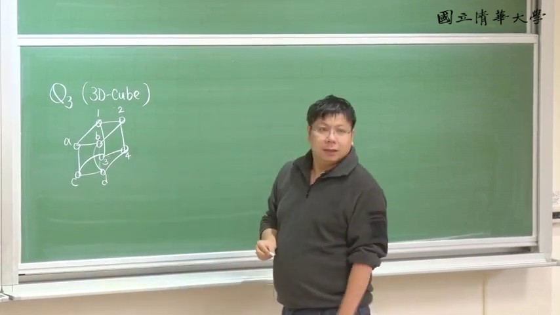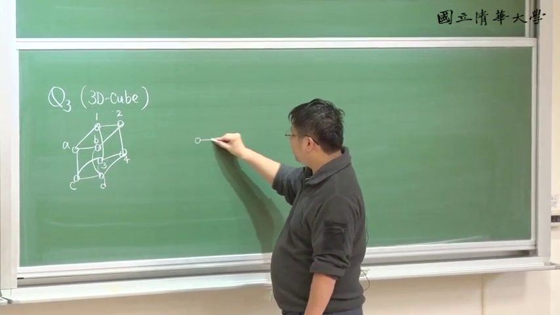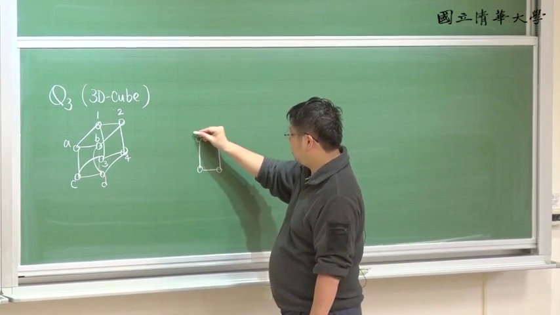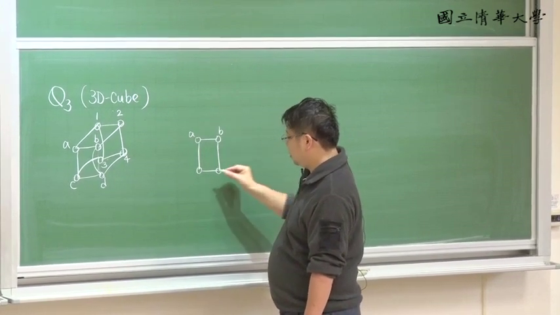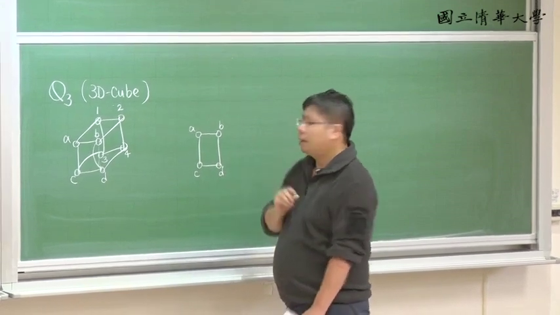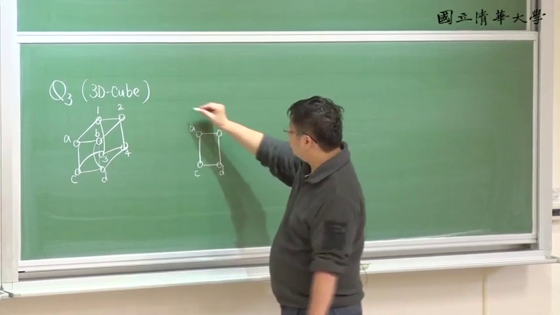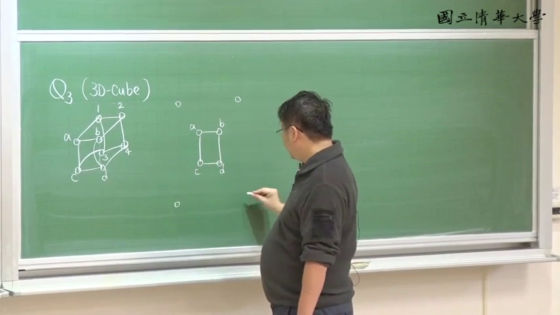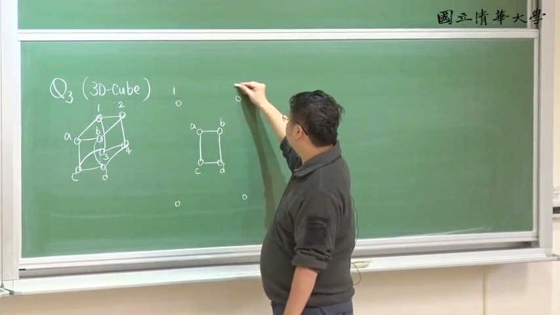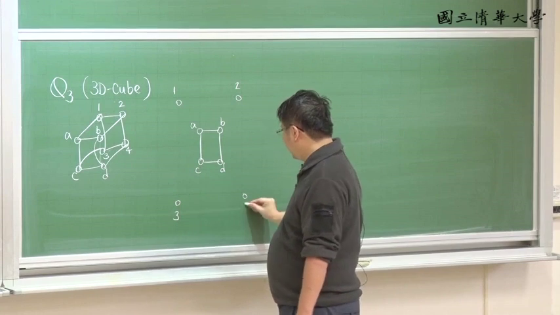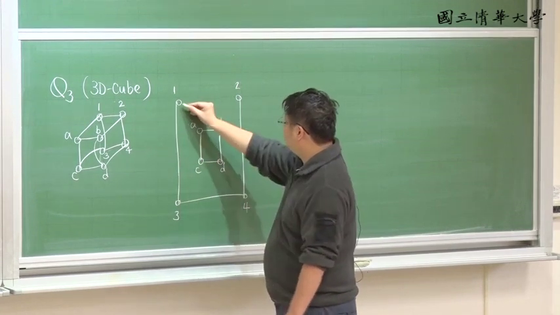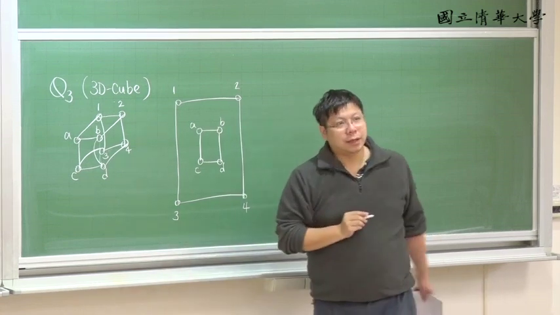So we can change the graph like this. We have A, B, C, D drawn in the center. This is one way. And then we have 1, 2, 3, 4 as a large square outside.